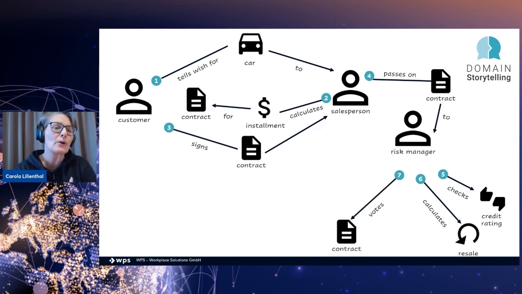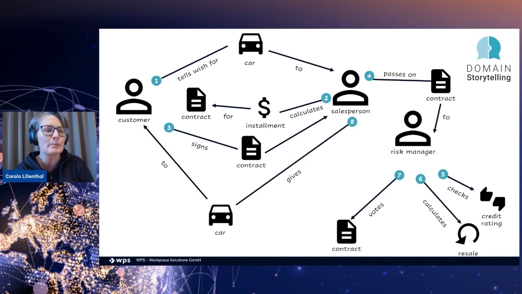So this is the process if everything is okay with the idea of this leasing contract and the calculation is right and the risk manager is happy with this contract. And finally, the salesperson hands over the car to the customer. Of course, many details are missing in this domain story that we would include in a real domain rediscovery.